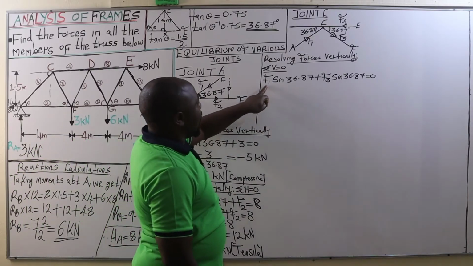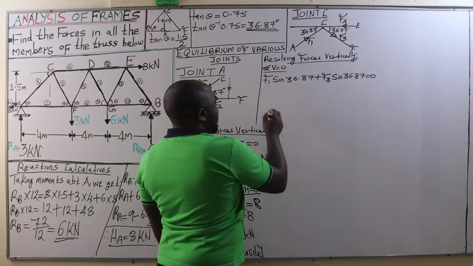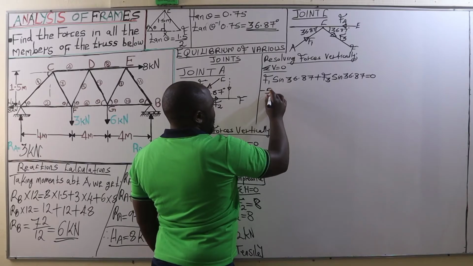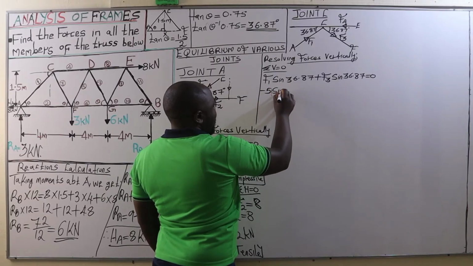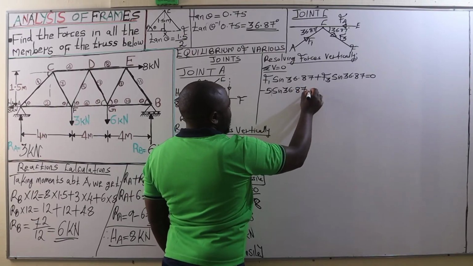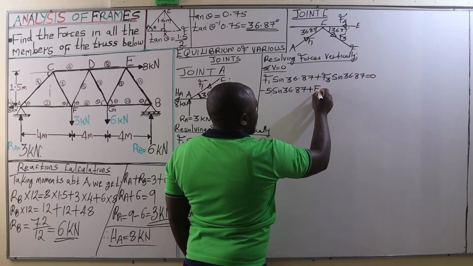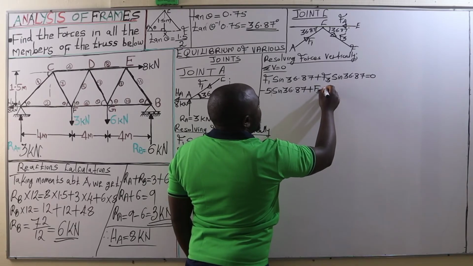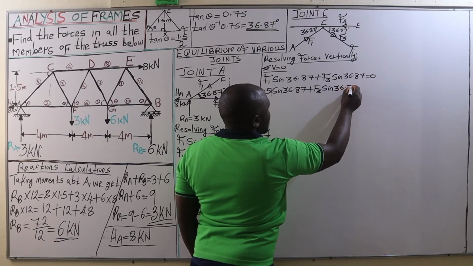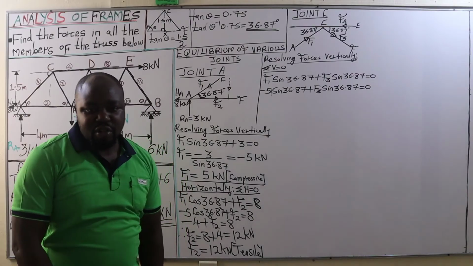Now, F1 is negative 5 kilonewtons. Therefore, negative 5 kilonewtons multiplied by sine 36.87 plus F3, which we don't know, plus F3 sine 36.87, that one is equal to 0.